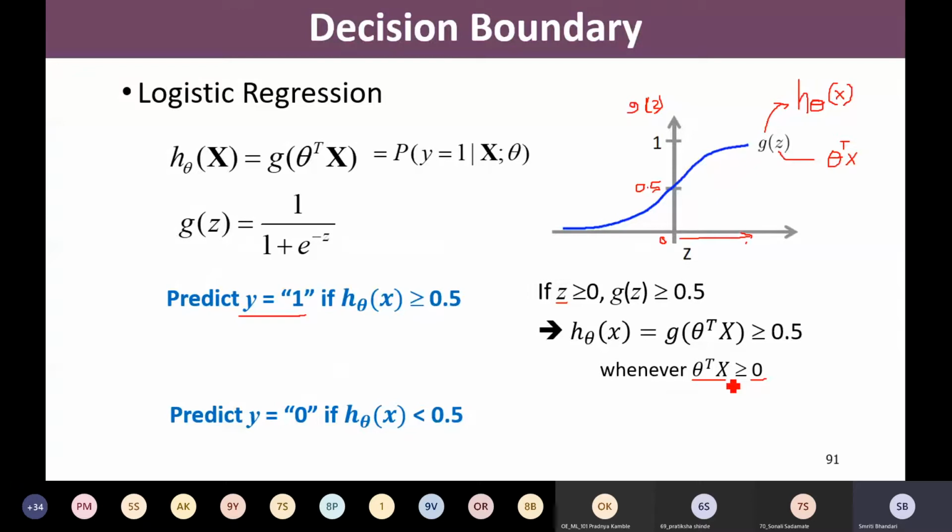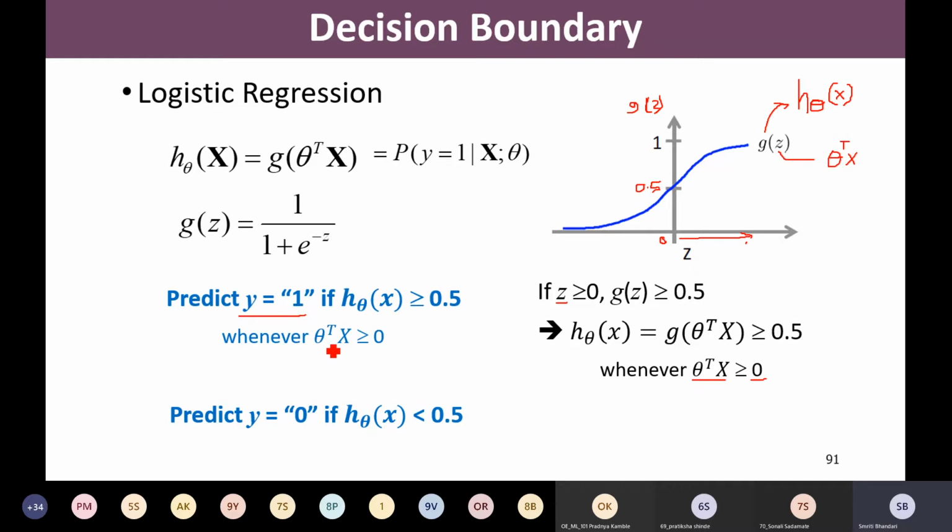So if my theta transpose x is greater than or equal to 0, then I'll say that my h theta x is greater than or equal to 0.5. So simply I'm going to predict y equal to 1 if h theta x is greater than or equal to 0.5, or theta transpose x is greater than or equal to 0.